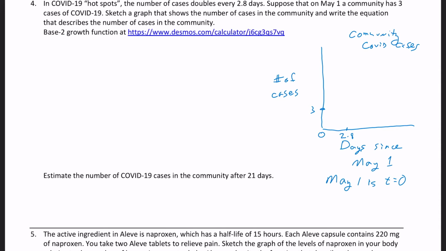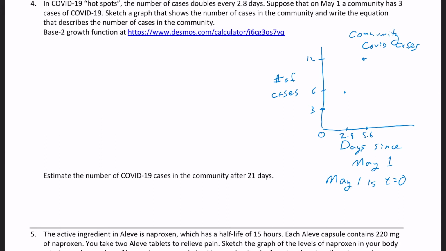So with that in mind, after 2.8 days, my 3 is going to become 6. And then if I go 2.8 days more, that would be 5.6 days. And after 5.6 days, my 6 will have doubled again, and my 6 will have turned into 12. So every 2.8 days, the number of cases will double.